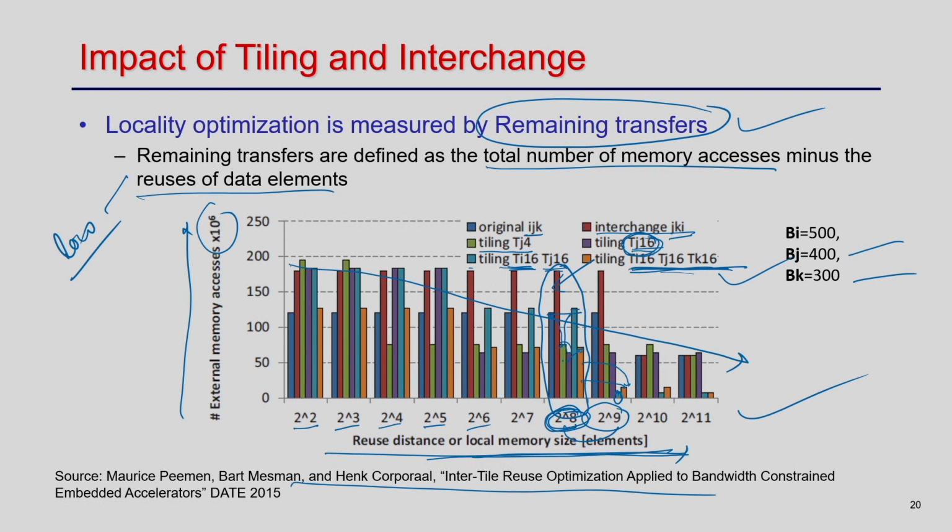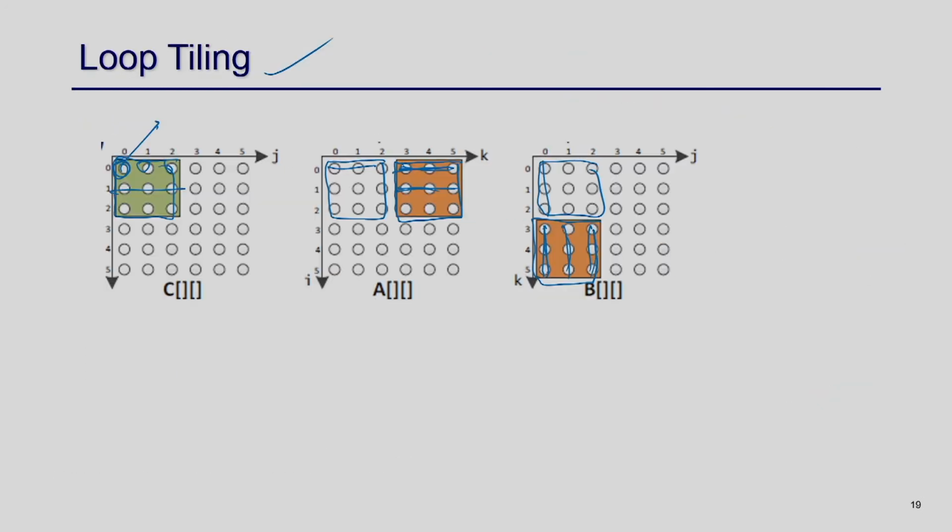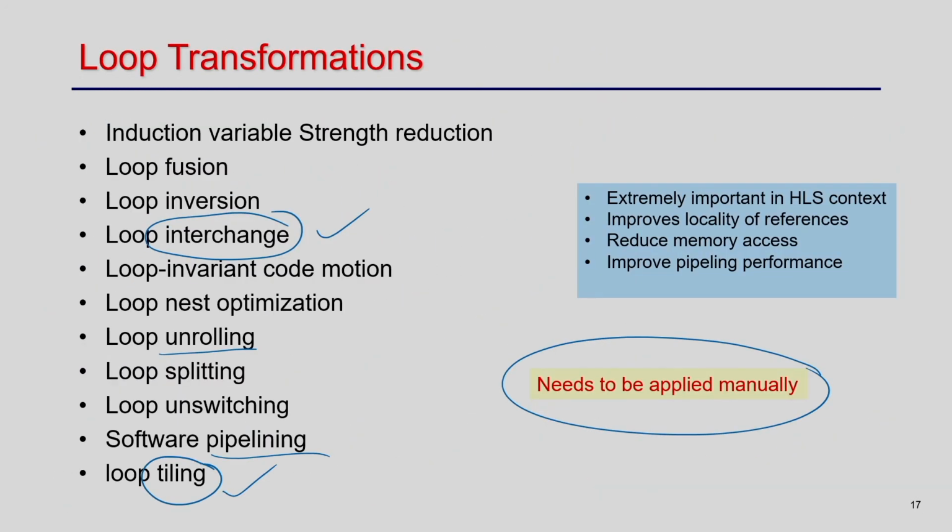This highlights loop interchange and loop tiling, but there are many loop transformations, and if you are interested, I request you to dig deeper and understand that these optimizations can have a great impact on the efficiency of the hardware that you generate through high level synthesis. So, with this I conclude today's class.